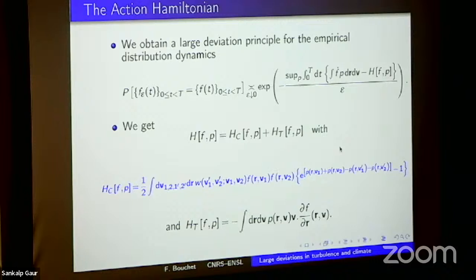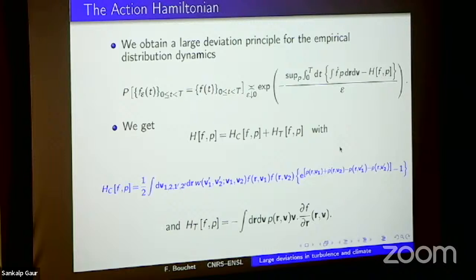And then here you have this exponential factor, which is natural for these interacting particles. So here the Hamiltonian is analytical, you have an explicit expression. So it depends on P and F, right?